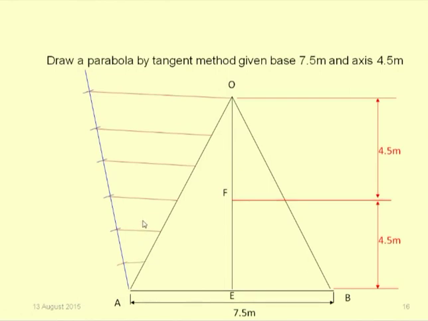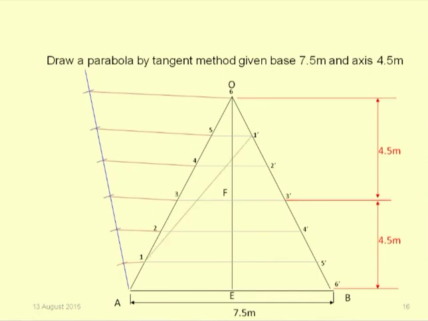This method you already learned in the geometric construction method. A similar division you can do on the right side of the generator. Name all these divided points in ascending and descending order, or in a different manner like 1 dash, 2 dash.